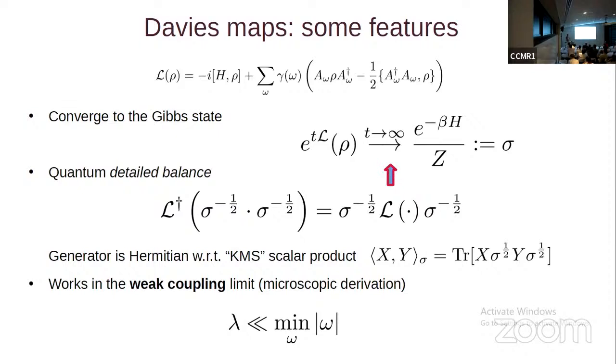This allows you to study the convergence of the Markov chain by doing linear algebra, which is something we all like. You can even argue that this comes from a physical process. So these are very nice properties of this Davies generator.